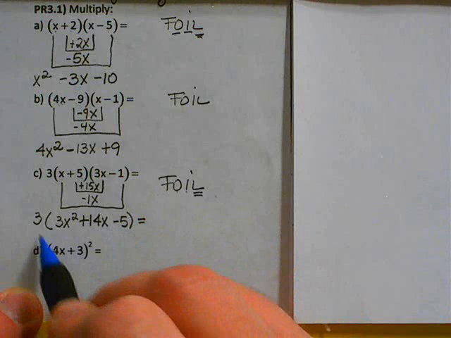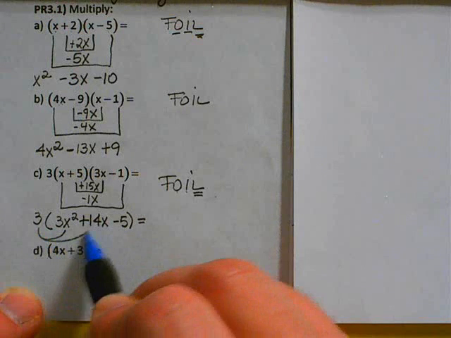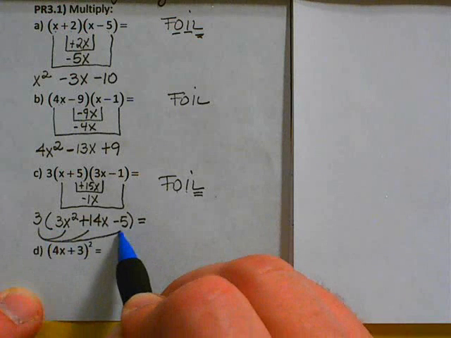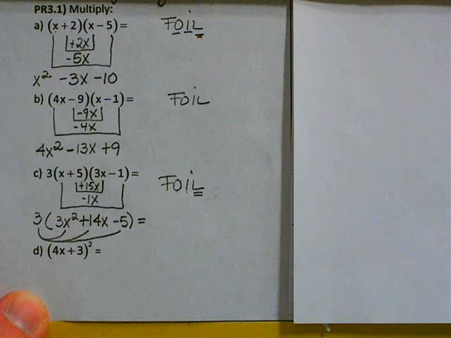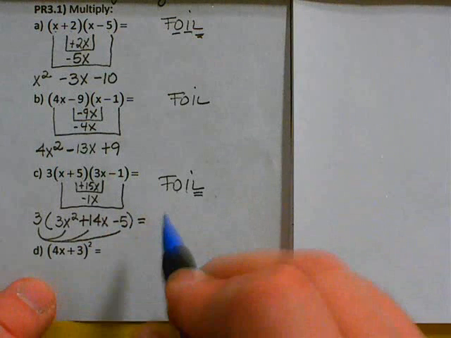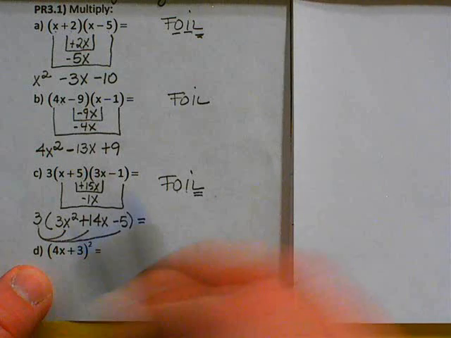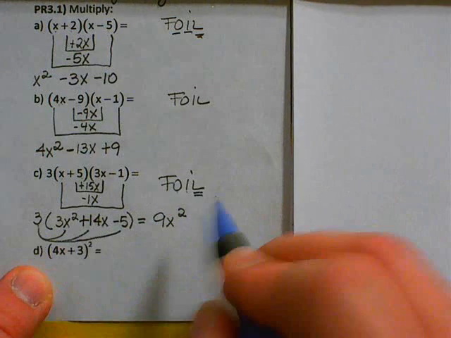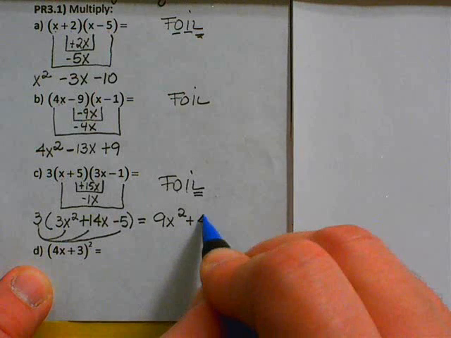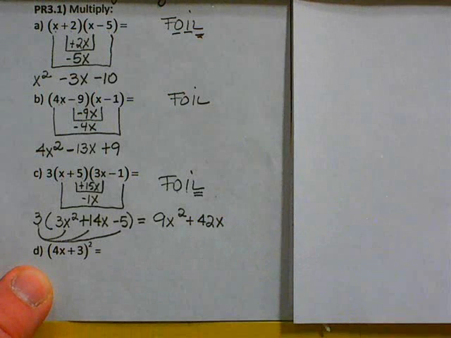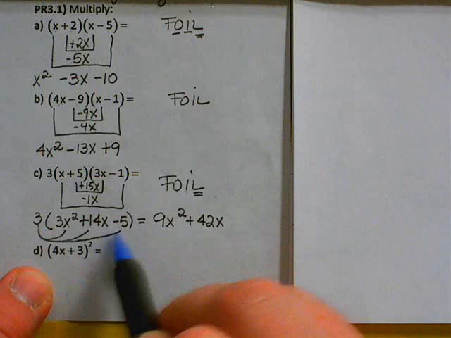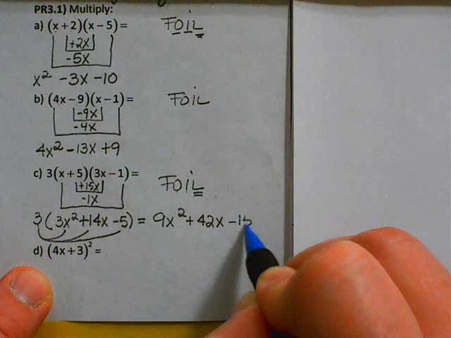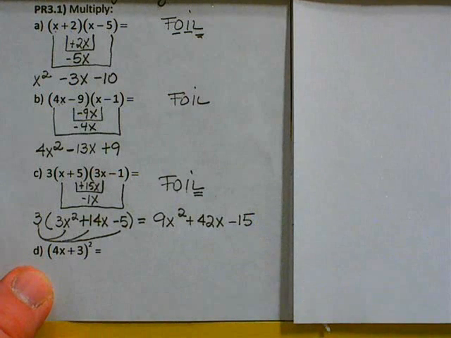And now we're ready to apply the 3 that we had outside. 3 times 3x squared is 9x squared. 3 times 14x is 42x. And 3 times negative 5 is negative 15. So that will be our answer for letter C.